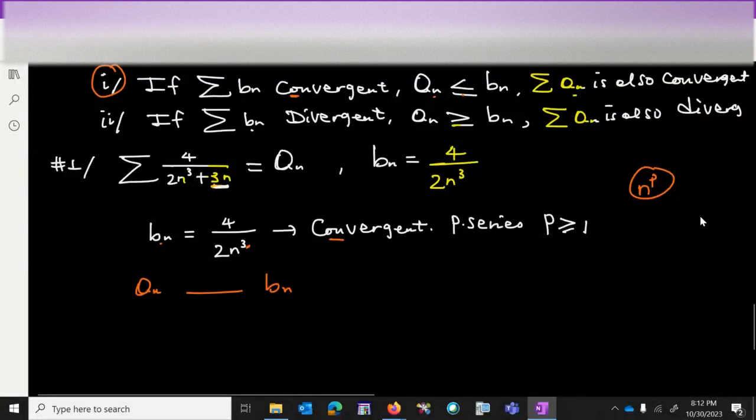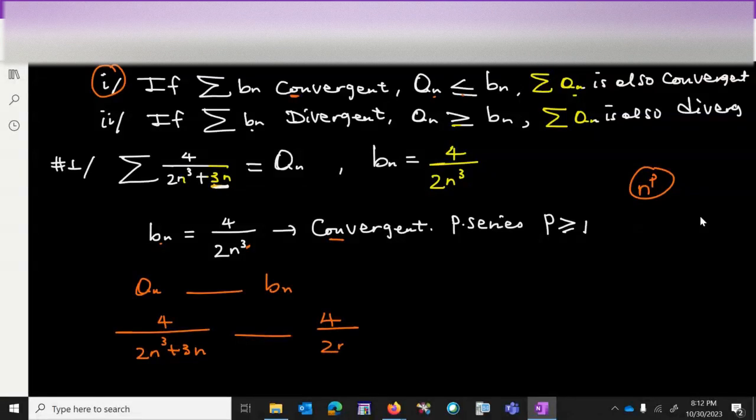So what is a sub n? A sub n is 4 over 2n cubed plus 3n. And b sub n is 4 over 2n to the power of 3, without the 3n. To decide whether a sub n is greater than or less than b sub n, I simply have to compare the denominators, because we have the same numerator.